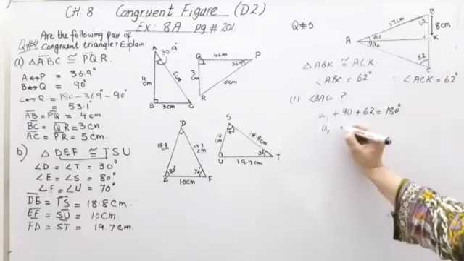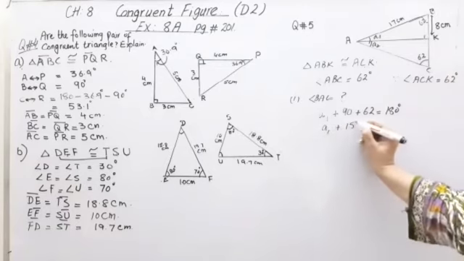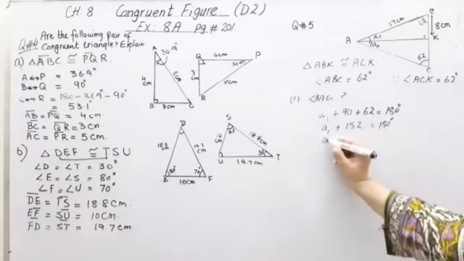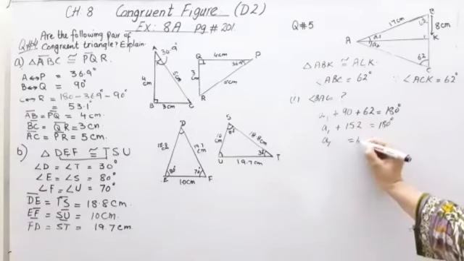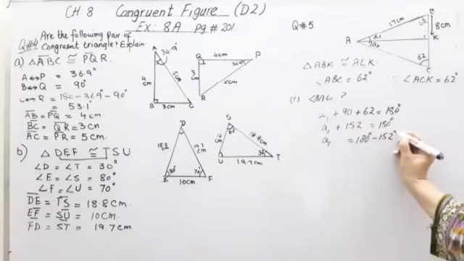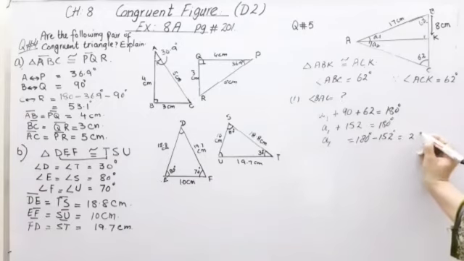So A1 plus 152 equals 180. Now we solve for A1 as an equation: 180 minus 152 equals 28.